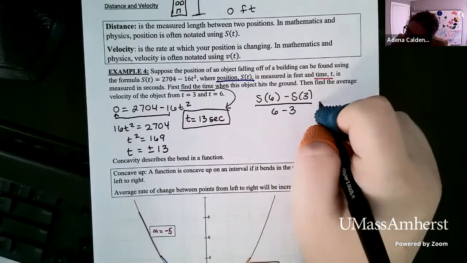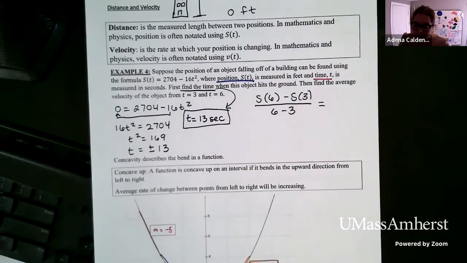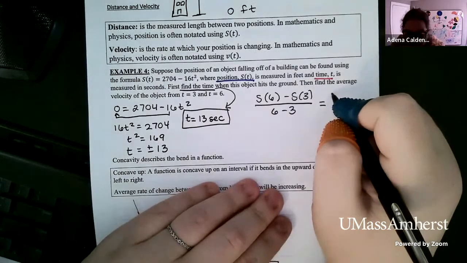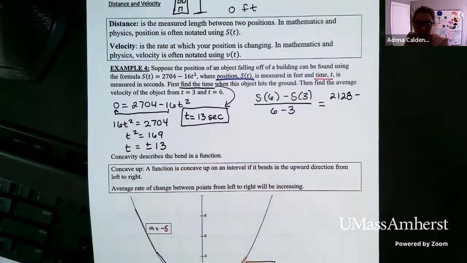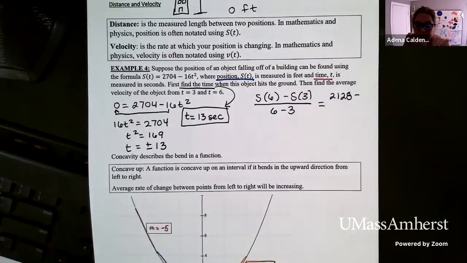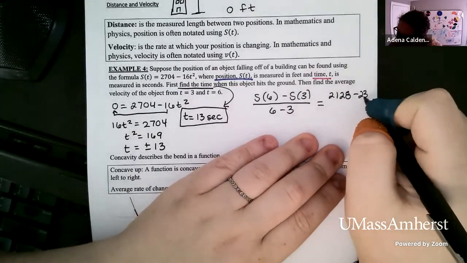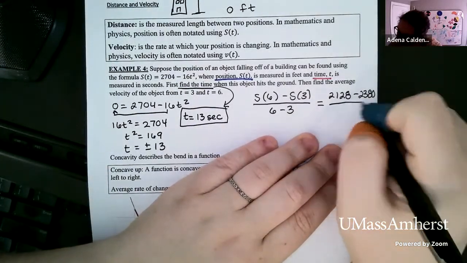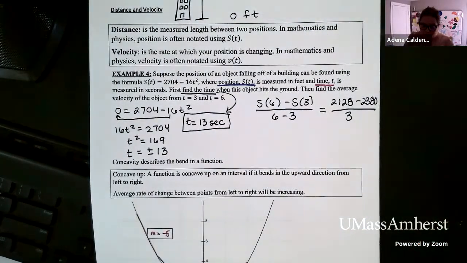So here, s of 6 means I'm going to take a 6 and plug it into my function here. When I did that, I got 2128. Then I'm going to plug in a 3 into this function here. I did that on my calculator, and I get 2380 divided by, and now on the bottom, I have 3.